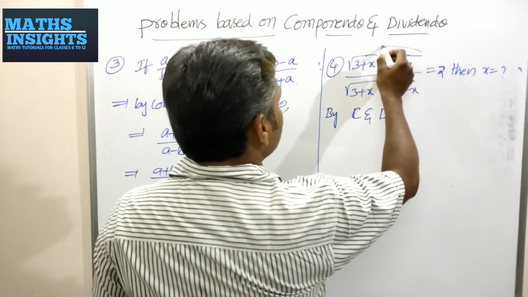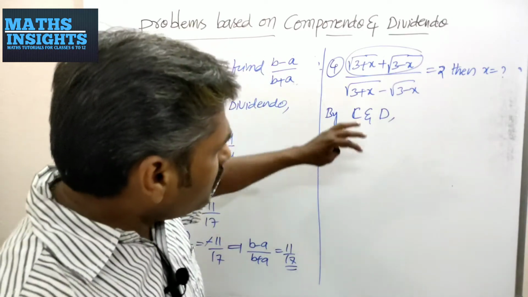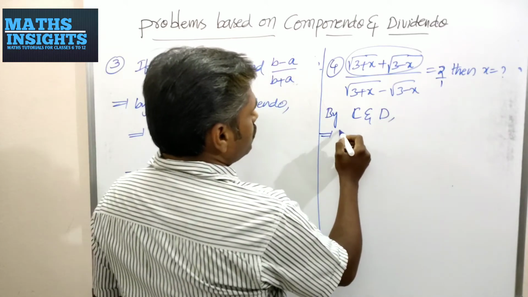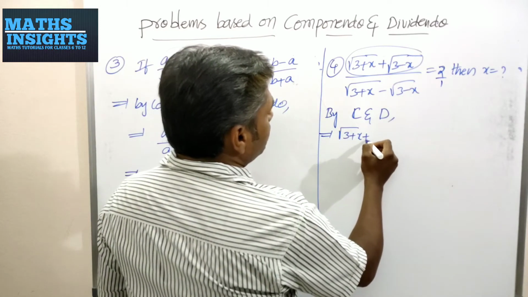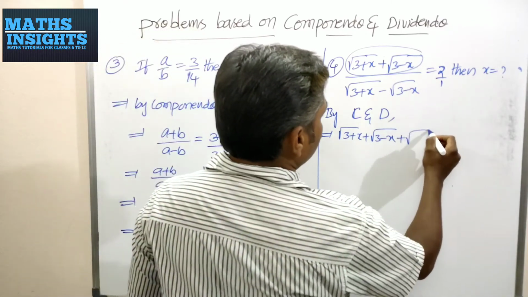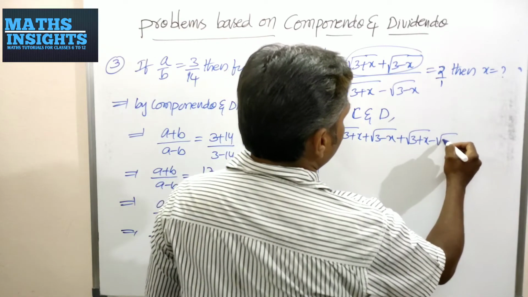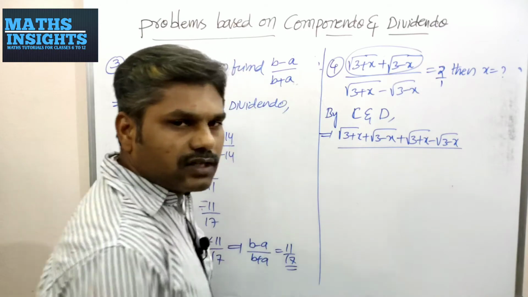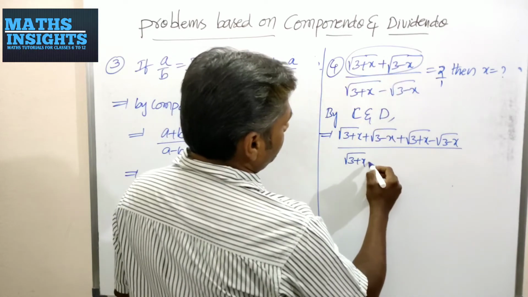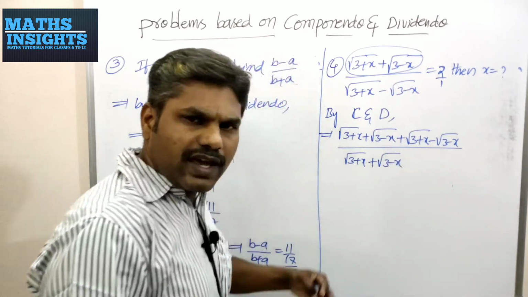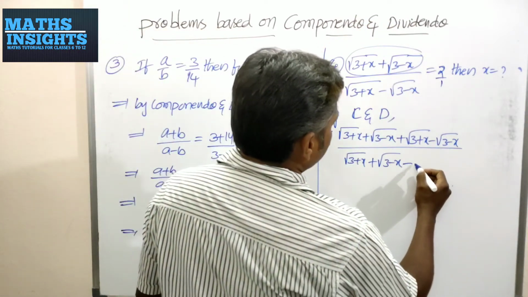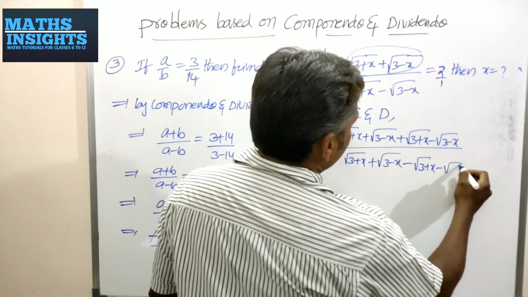Now you have to take this total numerator as your A and total denominator as your B, and this is 2 by 1, okay. So square root of 3 plus x plus square root of 3 minus x, this is A, plus B, plus square root of 3 plus x minus square root of 3 minus x, by, numerator is over A plus B, and similarly A minus B: root 3 plus x, this is A, plus root 3 minus x, A is over, whatever is in the numerator, that is A, minus root 3 plus x minus root 3 minus x.